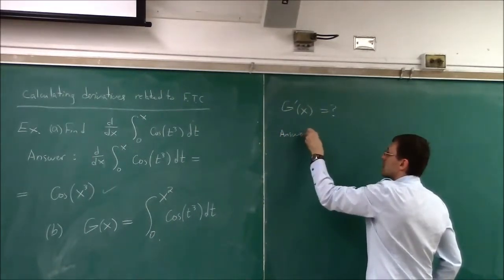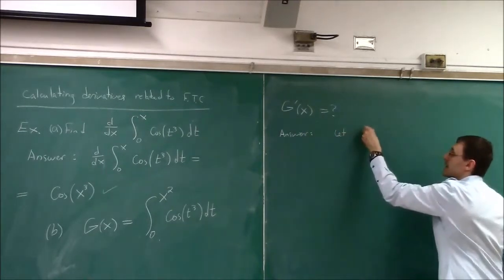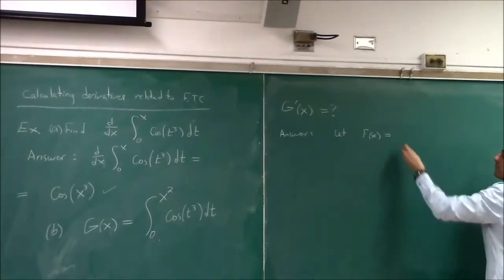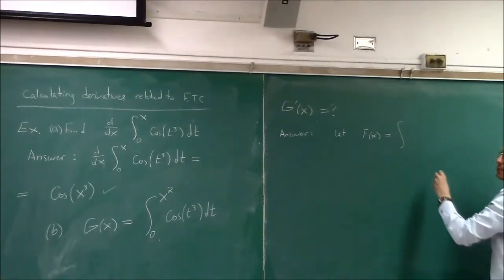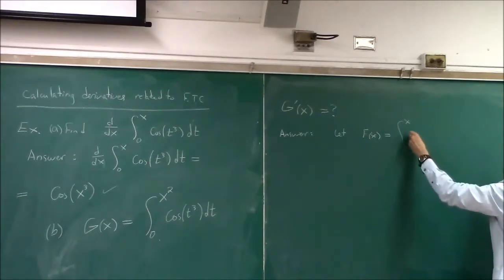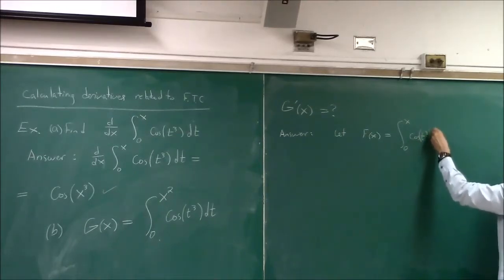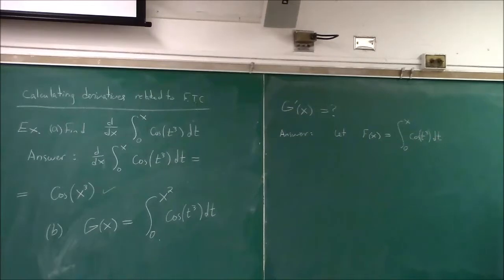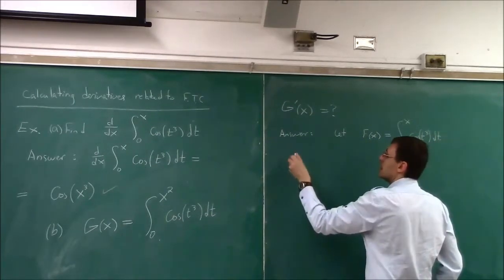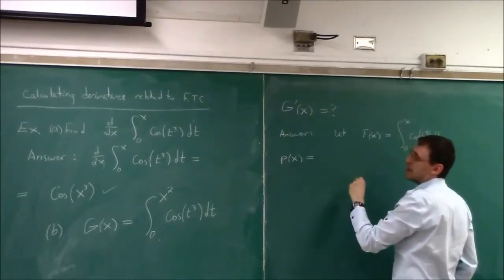So first of all, wishful thinking. You can do it faster afterwards, but let capital F of x be the integral that you would be happy with. And then you define p of x to be the function x squared.